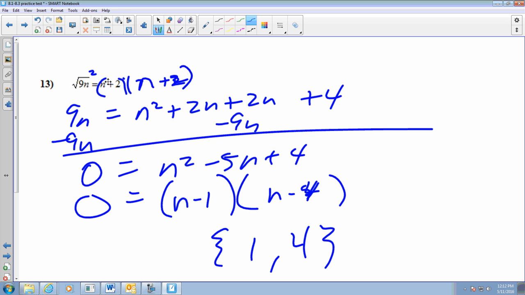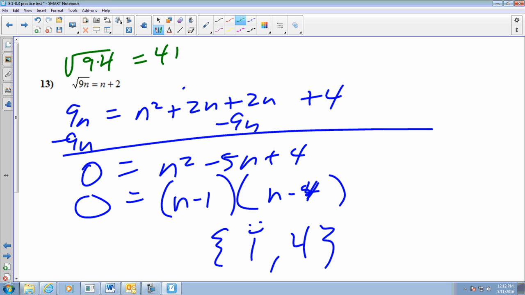And so when I plug it back into the original, if I go square root of 9 times 1 equals 1 plus 2, gives me 3 equals 3. That's a good answer. If I do it for 4, I get square root of 9 times 4 is equal to 4 plus 2, and square root of 36 is 6, so that one works also.